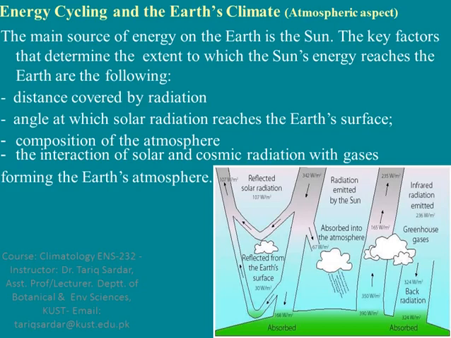If the energy and matter balance is being regulated, it is mostly on the basis of the distance covered by the radiation, and the angle of the sun towards the earth, depending on which part of the earth it is lying over.